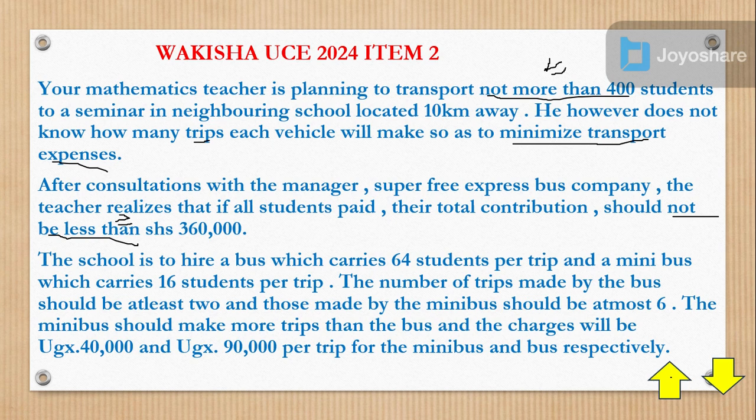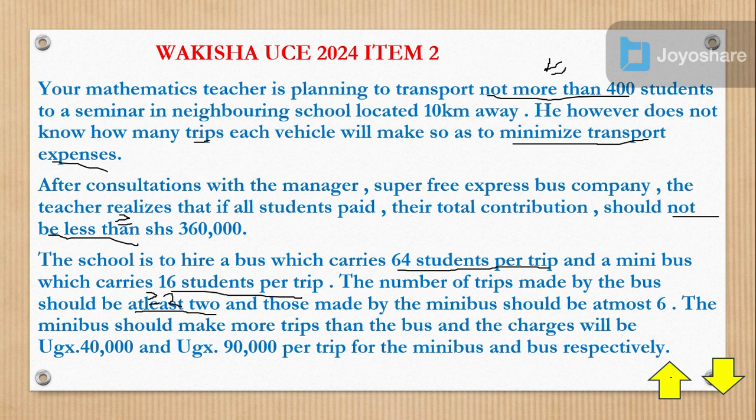Okay, the school is to hire a bus which carries 64 students per trip. And a minibus which carries 16 students per trip. Mark that. The number of trips made by the bus should be at least 2. So now the word at least 2 in linear programming means greater than or equal to 2.